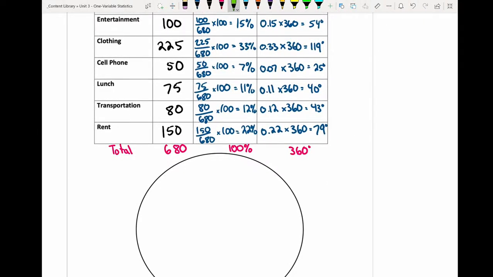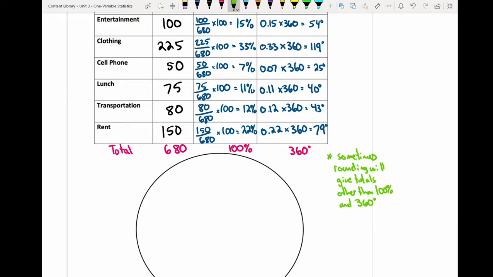One thing to note, just as a side, sometimes rounding will give totals other than 100% and 360 degrees.